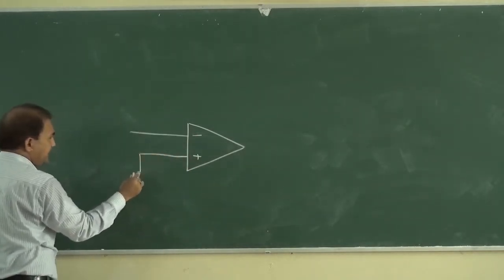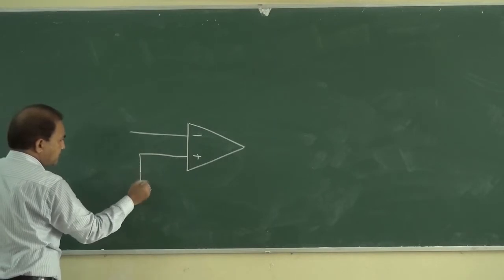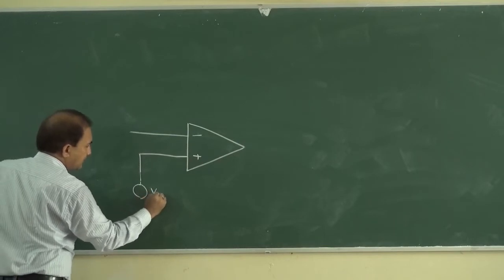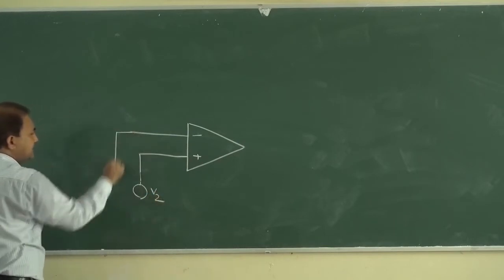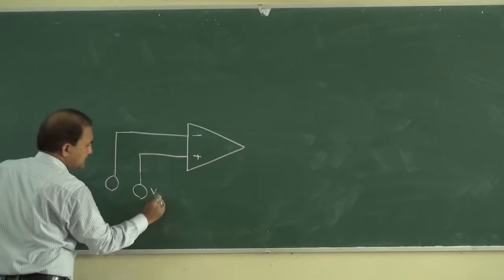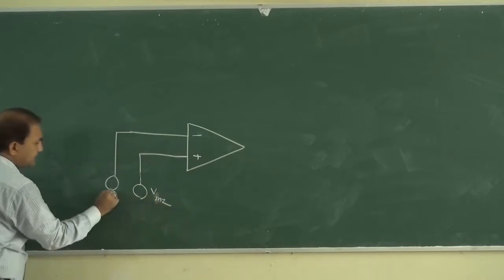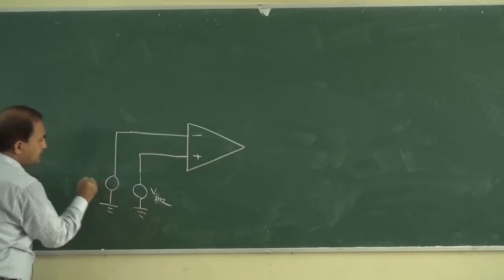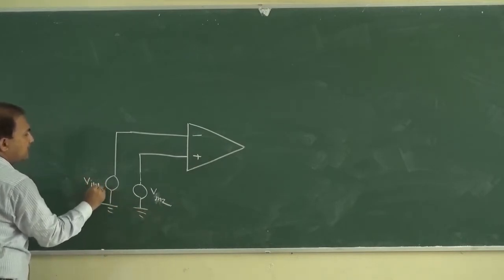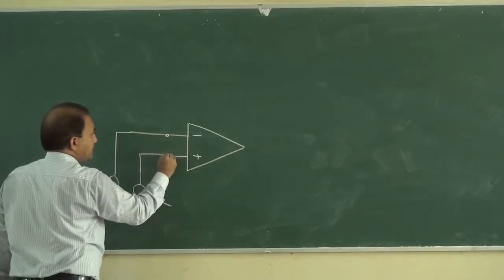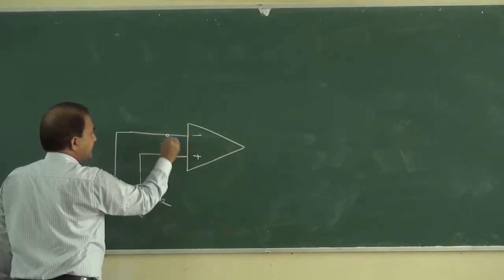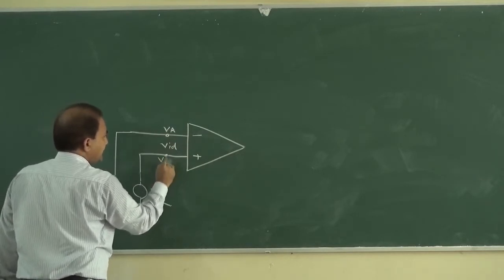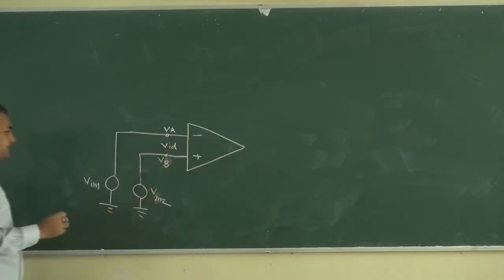And if it is connected to some source, suppose this is V in 2 and this is V in 1, and this is VID, this is say VA and this is VB.